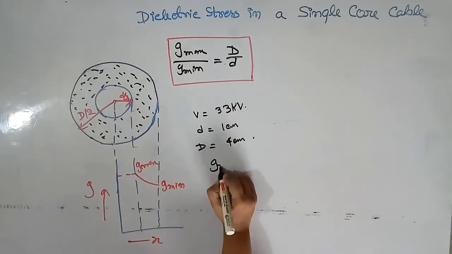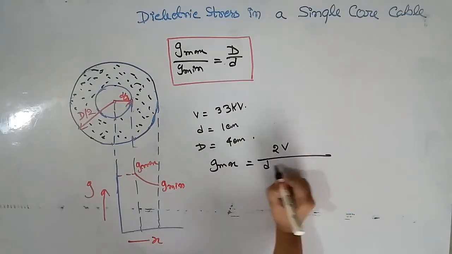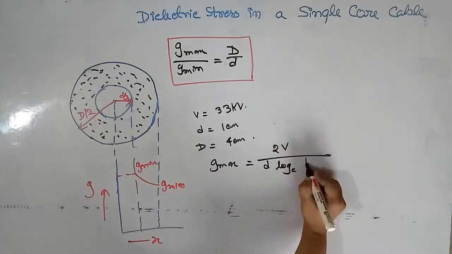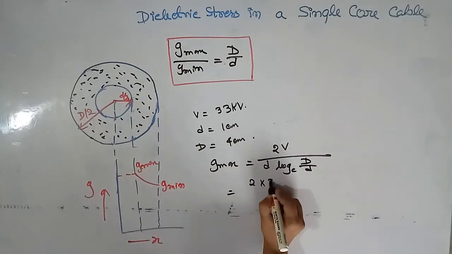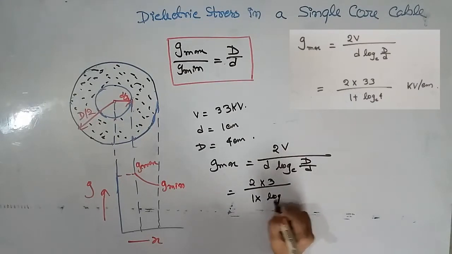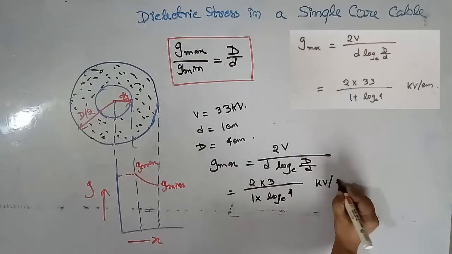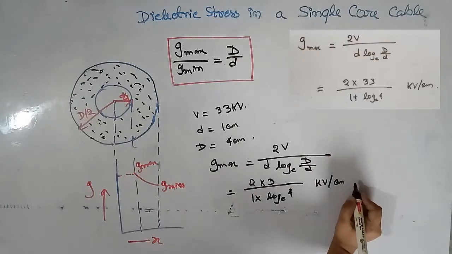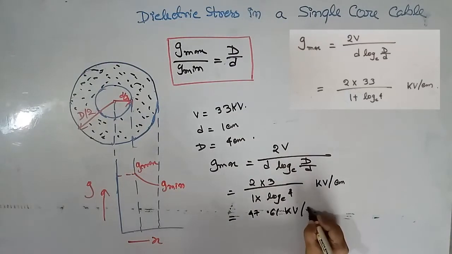Now what is the formula of G max? G max equals 2V by small d log e D by d. Now put the value of V, small d and capital D, and this equals 47.61 kV per centimeter.